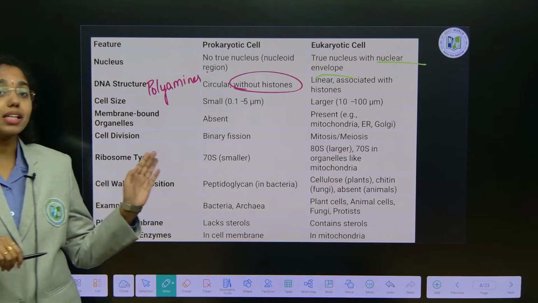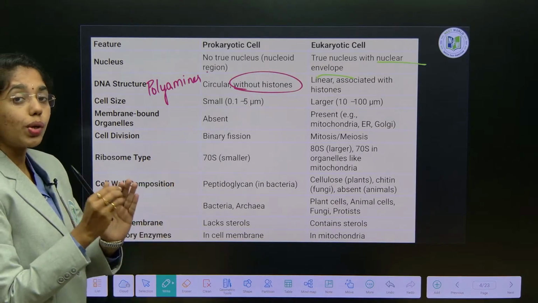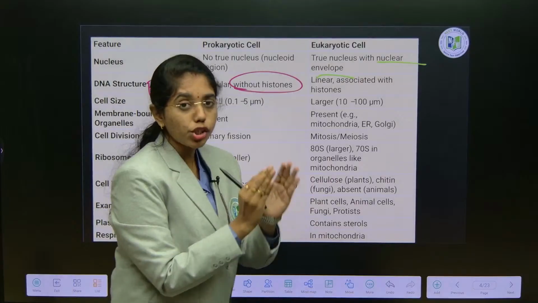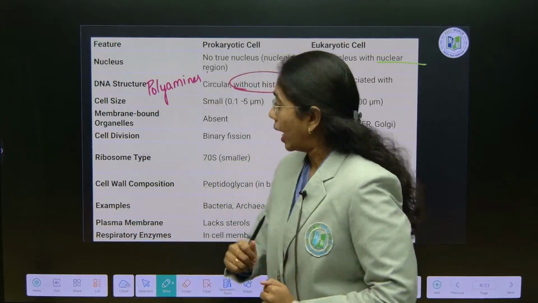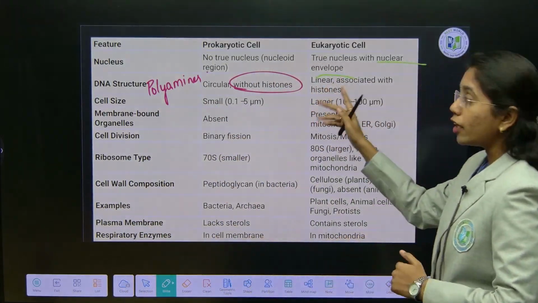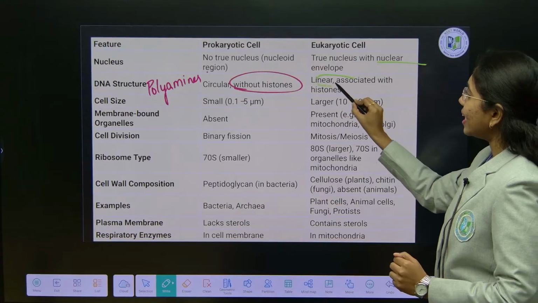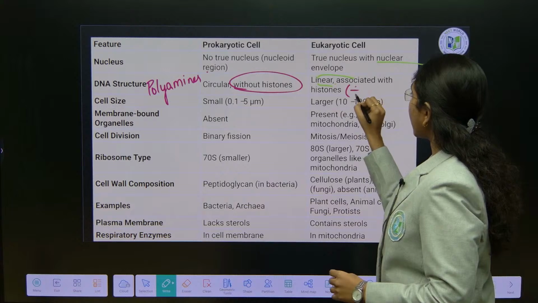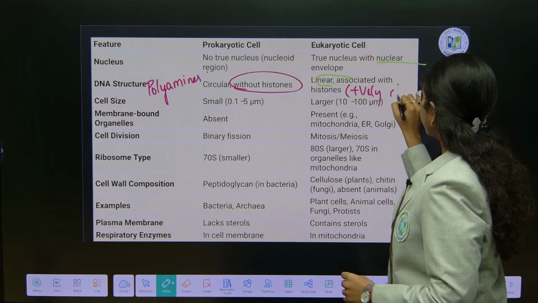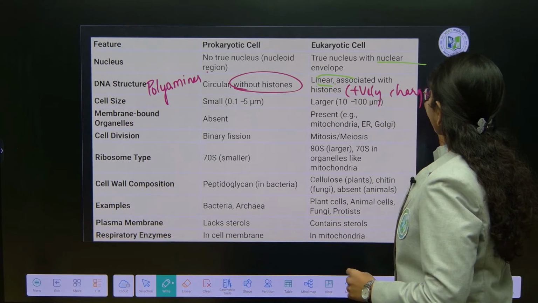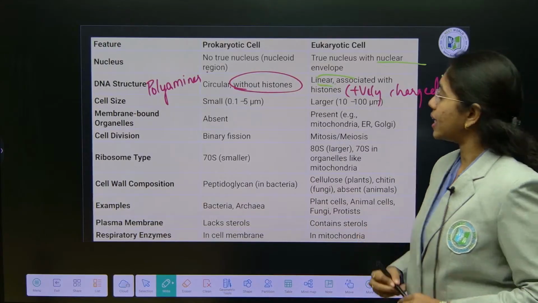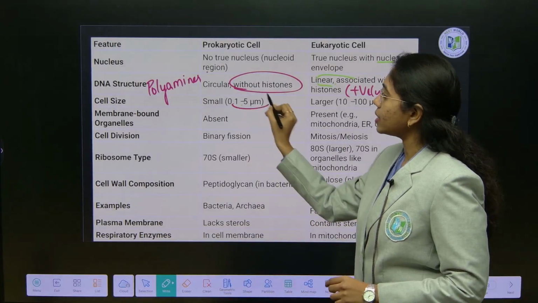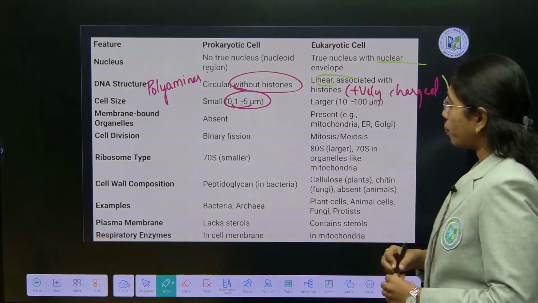These are positively charged proteins which will help in the condensation of negatively charged DNA. And here in a eukaryotic cell, this is linear DNA which is associated with histone proteins. Histone proteins are positively charged.